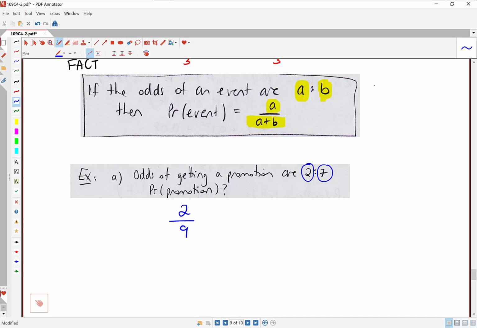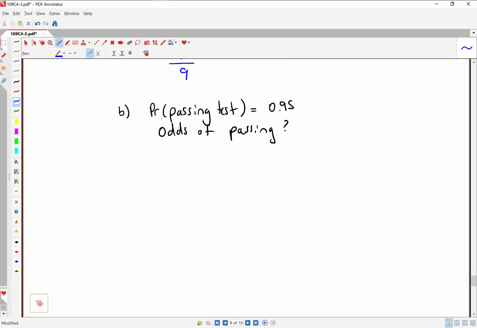You can just follow this formula here. If the odds are A to B, probability of your event is the first number divided by the sum of the 2 numbers. So 2 over 9. So part B, probability of passing a test is 95%, and we want to turn this into the odds of passing.